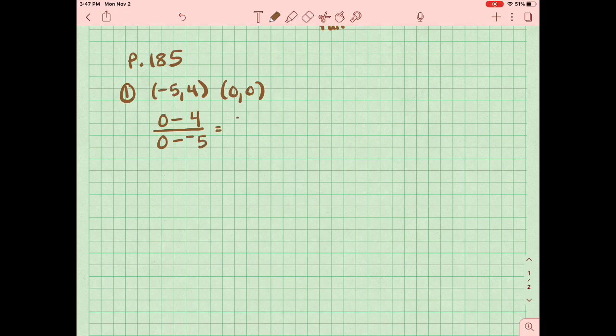Solve that, and I'm going to get negative 4 on the top, positive 5 on the bottom. And so my slope is negative 4/5, and my constant of variation is also negative 4/5. I could write this equation, y equals negative 4/5 x. It's a very simple little equation.